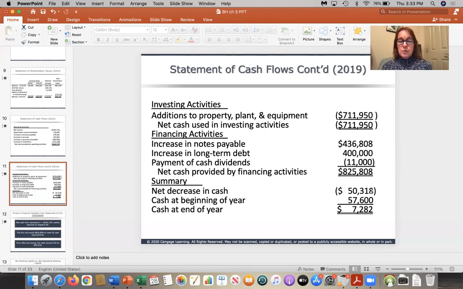So that's our decrease in cash. And then when you go back at the balance sheet and you look at the cash at the beginning of the year, and if you net this difference out, that's how you get your cash at the end of the year. And that's what you put on your balance sheet in cash. So that's your cash flow statement.